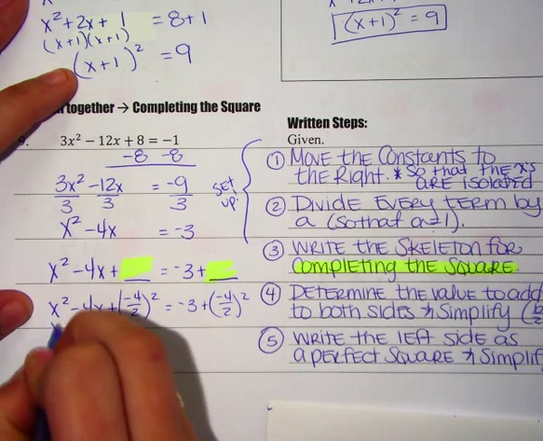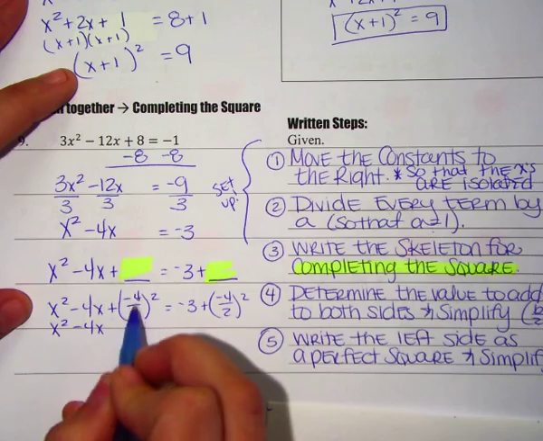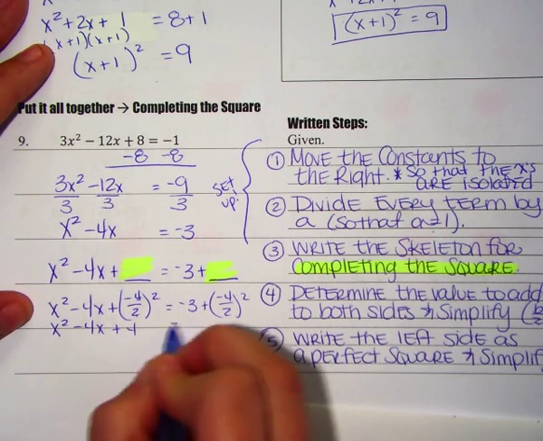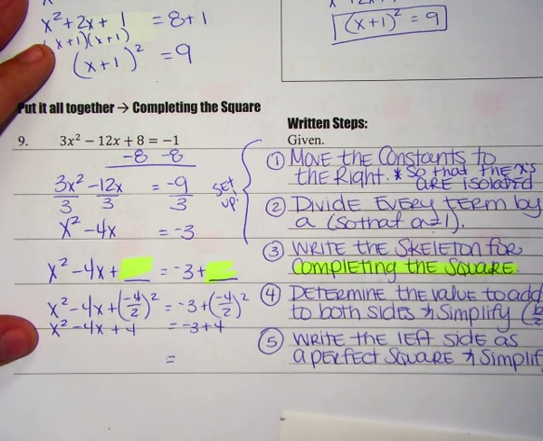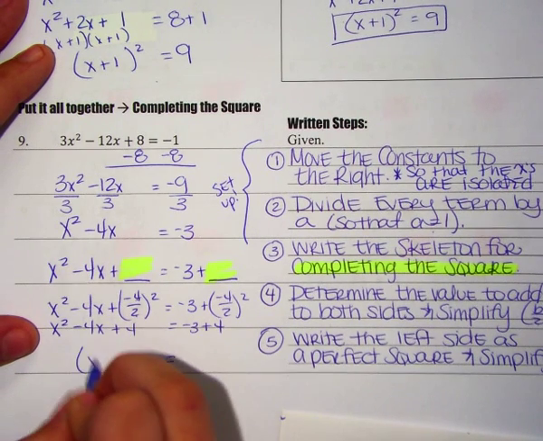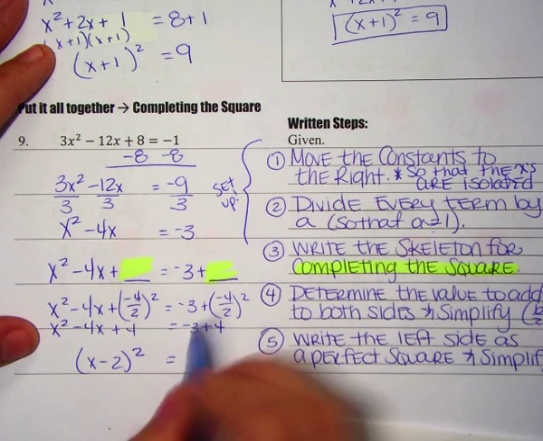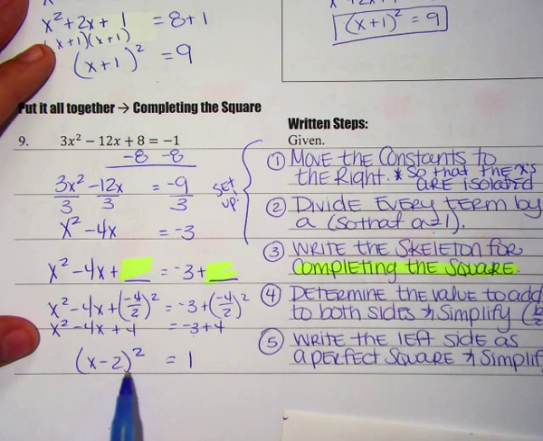Which is x squared minus 4x, negative 4 divided by 2 is negative 2, negative 2 squared is 4. So now that we have this, we're going to write the left side as a perfect square, x minus 2 squared, and we're going to simplify the right side. Negative 3 plus 4 is 1. Tomorrow, we'll actually be solving for x.